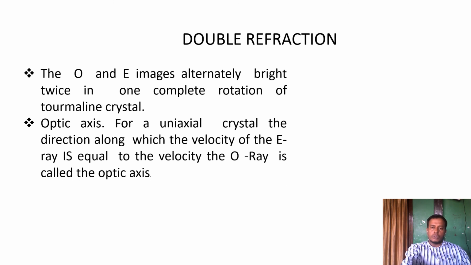Only at a particular point do they have the same velocity: the velocity of the extraordinary ray changes, the ordinary ray does not, but along one direction the velocities of the ordinary and extraordinary rays are equal. That axis of the crystal is called the optic axis.